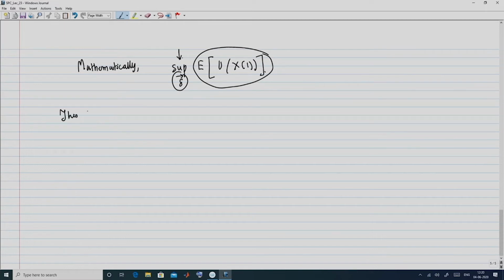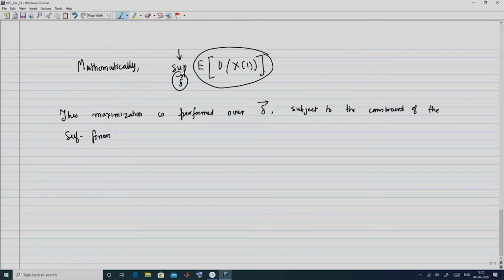So, this maximization is performed over the vector delta subject to the constraint of the self financing condition.